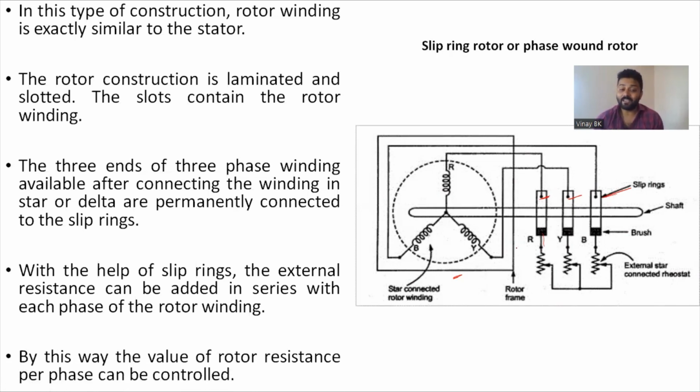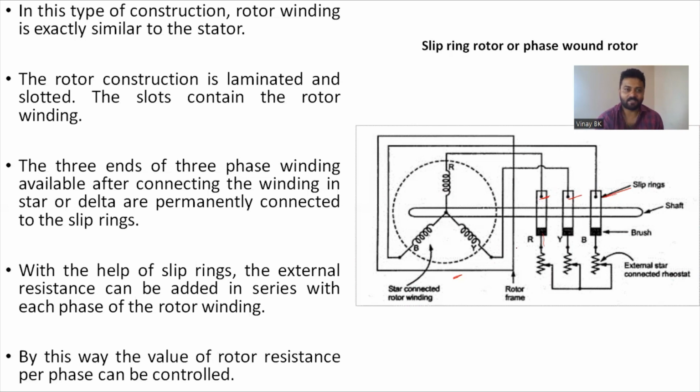In this way, the value of rotor resistance per phase can be controlled. In practical applications, we prefer the squirrel cage induction motor more than the slip ring induction motor. So these are the points you need to write in the examination.